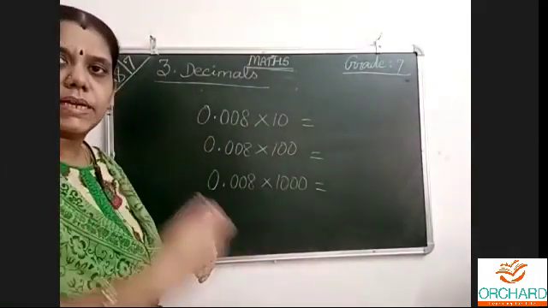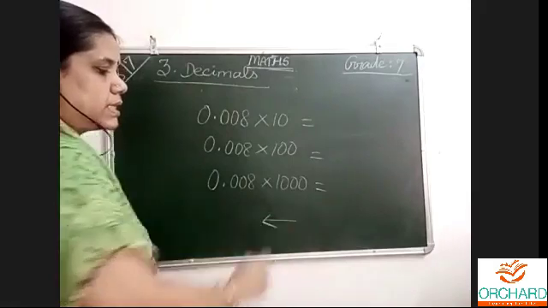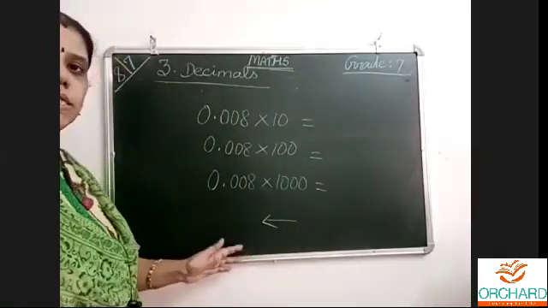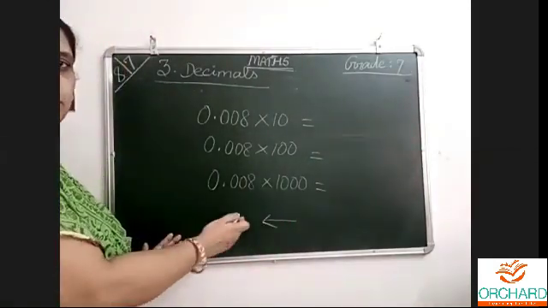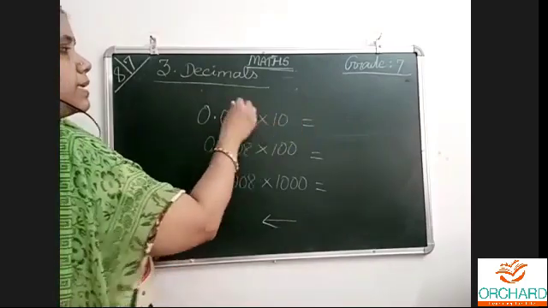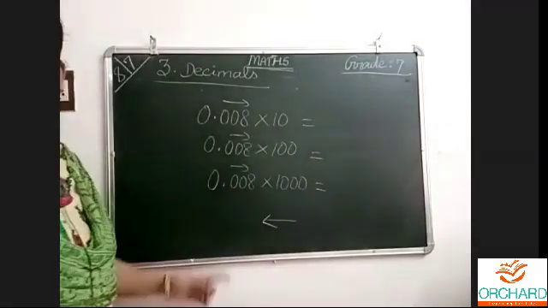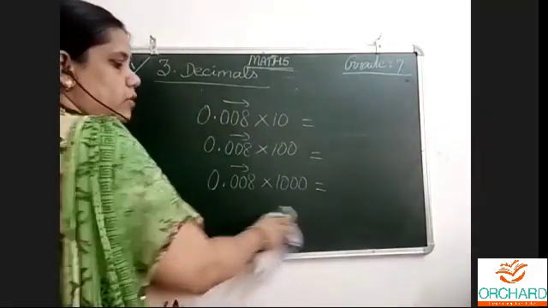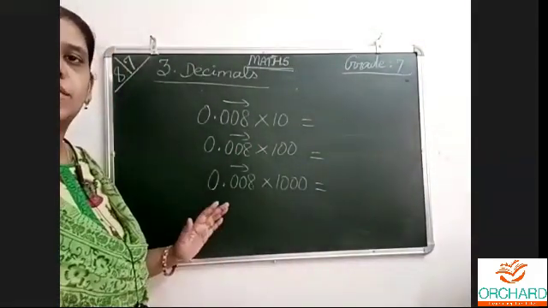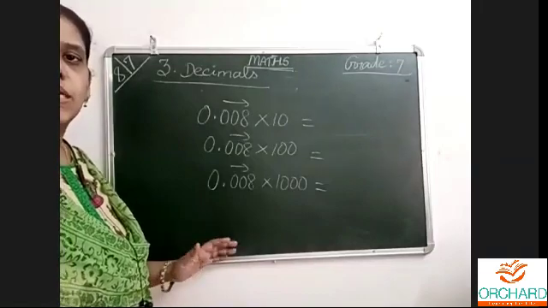So multiply by 10, multiply by 100, multiplying by 1000. When we divide by the number, we have seen that the point moves from the right side towards the left side. Now while multiplying, we have to move in this direction. Very, very important. When you know that alone, half of it is over, no mistakes will come.